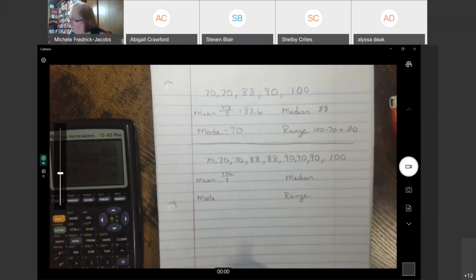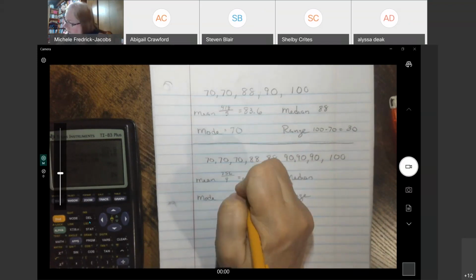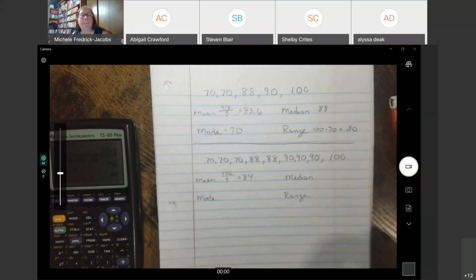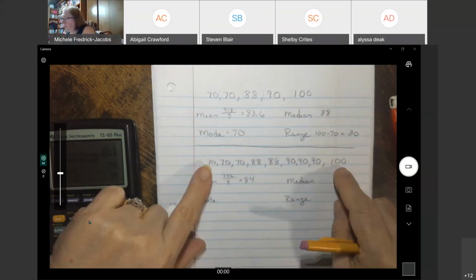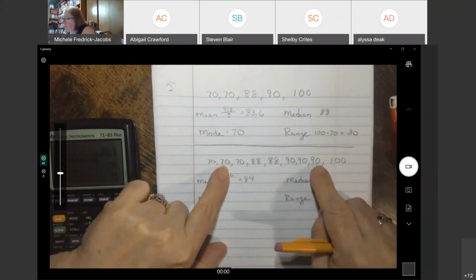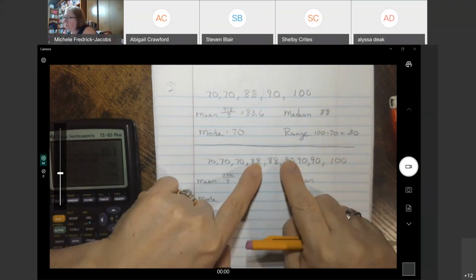We divided by 9. Okay. Any questions on that? Median is the middle number since there's 9. I count inward. 1, 2, 3, 4. That one's the middle.